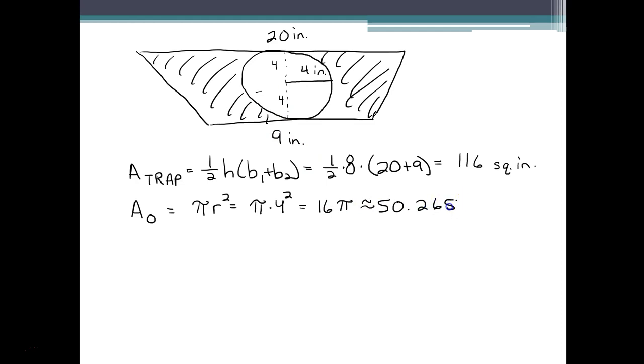On these problems, I don't like to round until I'm done, because otherwise it can mess me up. Alright, so there's the circle. And then to find the shaded region, basically the shaded region is the trapezoid minus the circle in it. So just do area of the trapezoid minus the area of the circle. So do 116 minus basically 50.27.